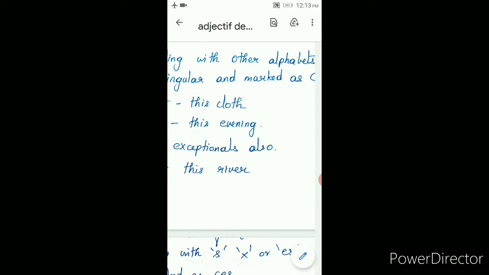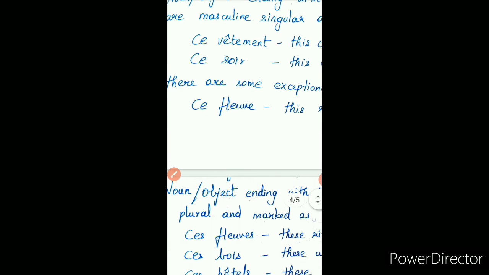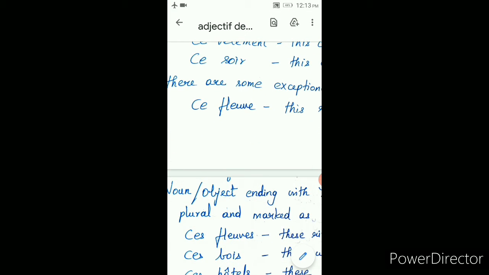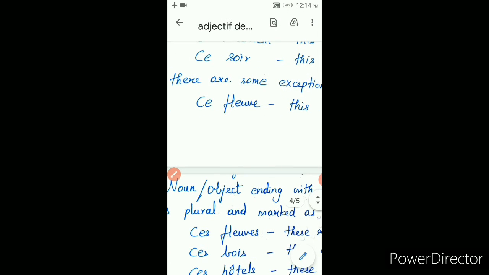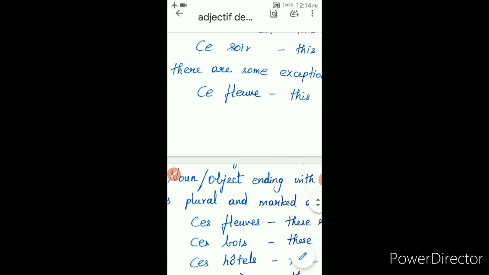Vathmo means cloth, Swar means evening. Hope it is clear. There are some exceptionals also. Exceptionals, as usual, though it is ending with E, it is masculine. So exceptionals you have to memorize, no other way.